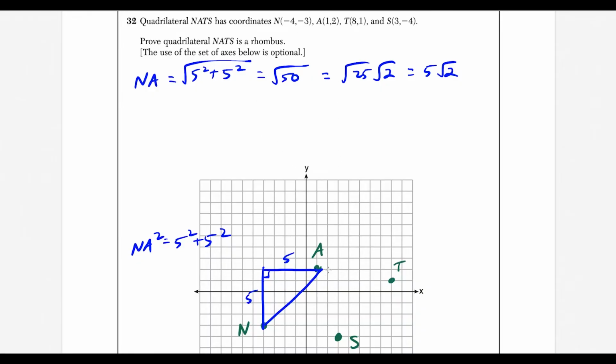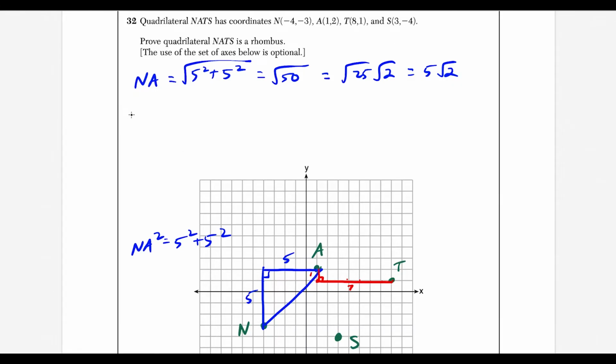So let's say we target AT next. Notice we got to go down 1, and we'll use a different color. So we're going to go down 1 and over 1, 2, 3, 4, 5, 6, 7. So if we're going down 1 over 7, this right triangle is a way different shape here. So this one has a vertical leg of 1 and a horizontal leg of 7.